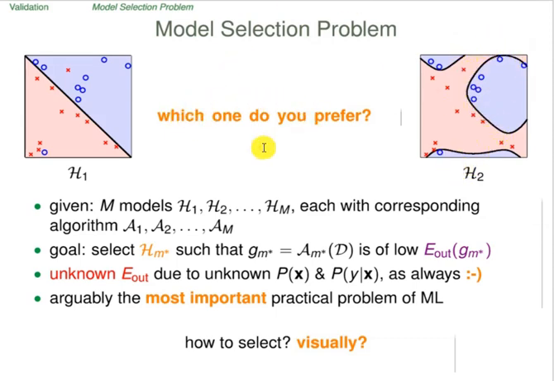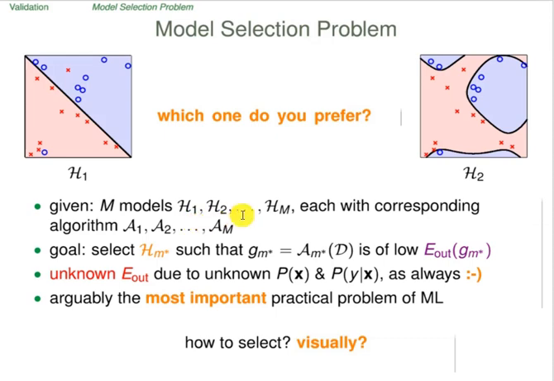So in general, the model selection problem focuses on finding the best model with good generalization performance and a model that does not overfit. Usually, we're talking about M models, not only 2. Given, for example, M models with all different parameter or hyperparameter settings and different complexities, and with corresponding algorithms, whether this is gradient descent or stochastic gradient descent or some other algorithm that selects one of the hypotheses.